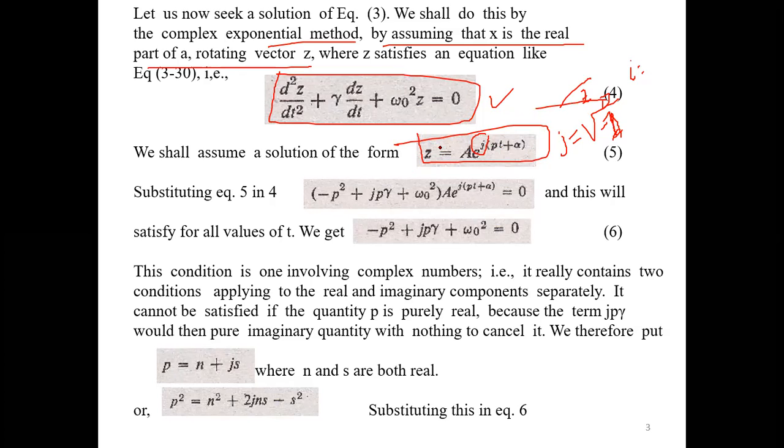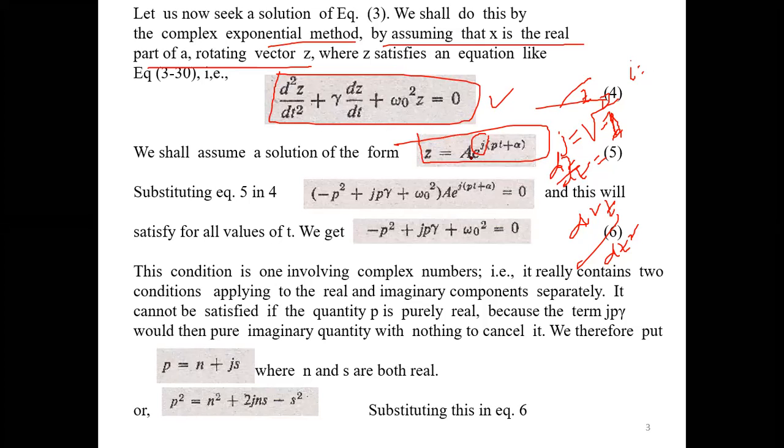And then you differentiate this once, dz/dt at first you will find dz/dt, and then you will differentiate again, d²z/dt². What is dz/dt? dz/dt is A e to the power j(pt + α). If you differentiate an exponential function, e to the power x, the derivative of e to the power x is e to the power x.